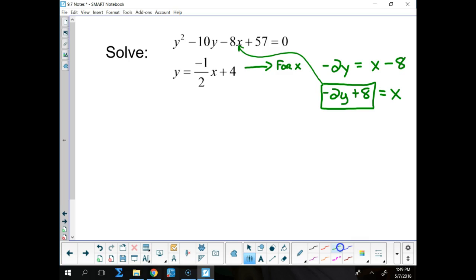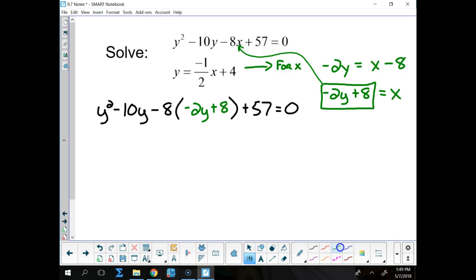So we get y squared minus 10y minus 8 times (-2y plus 8) plus 57 equals 0.